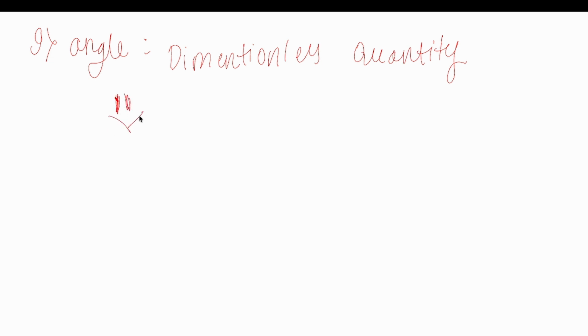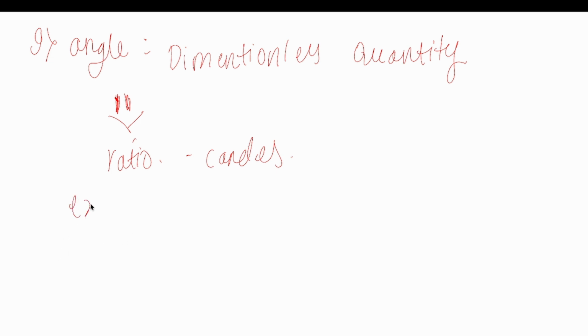When we say an angle, it is dimensionless. Why? Because it's a ratio and everything cancels. So it is dimensionless, and there are many dimensionless quantities.